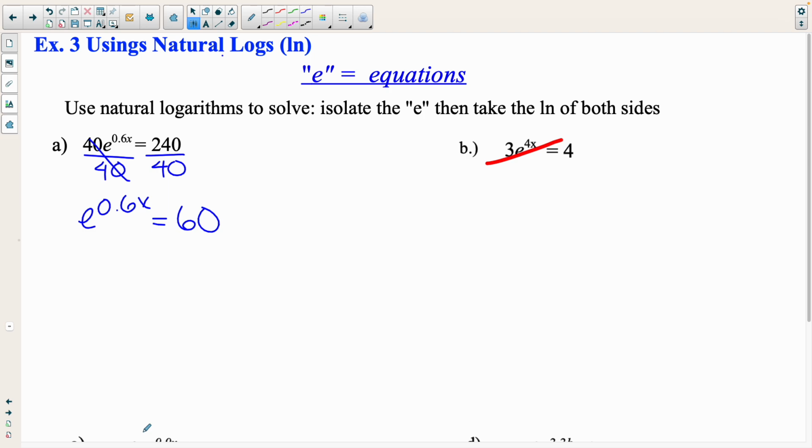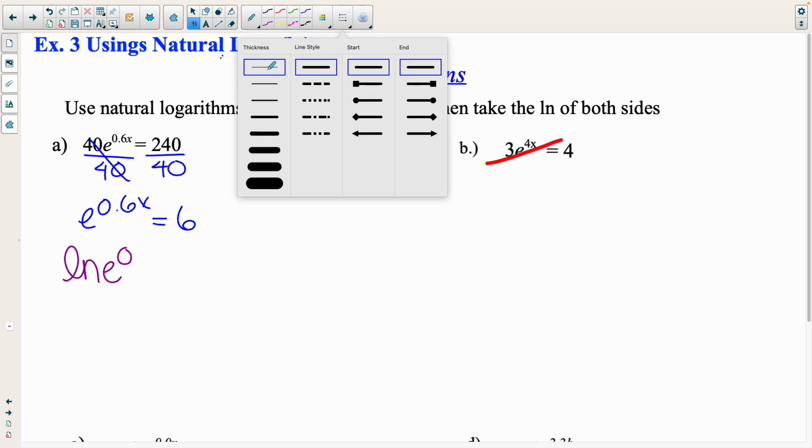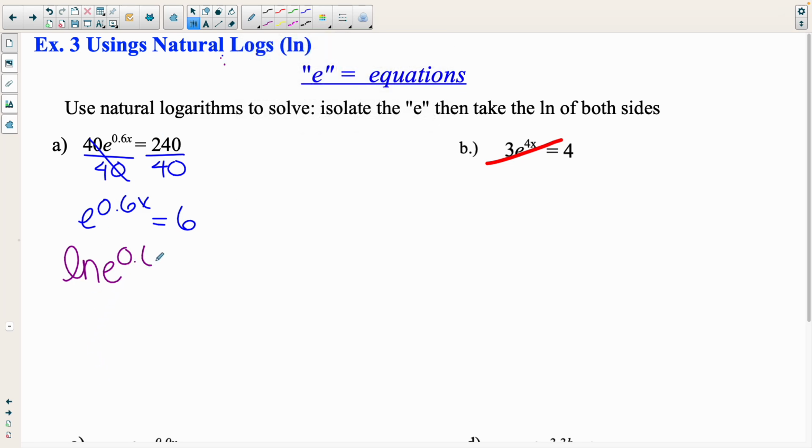So what I want to do is the natural log. So we'll do the ln of both sides. Yes, thank you. Sorry if you added on a 0 like I did, please take it away. So natural log both sides, because you always have to do the same thing on both sides.